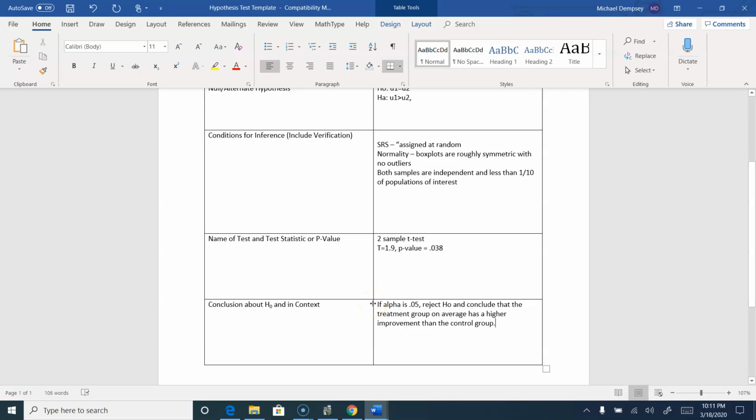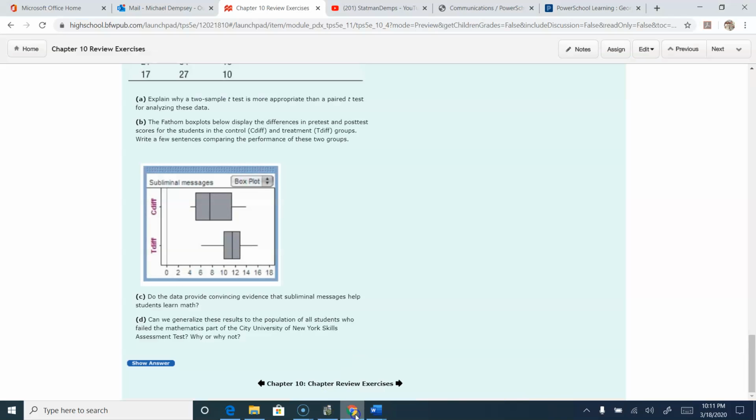Okay, or more simply put, the subliminal messages seem to have an effect, a positive effect. People that got that subliminal message that they get better in math seem to do a little bit better on average, significantly.